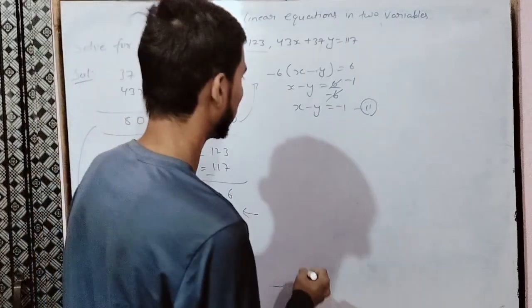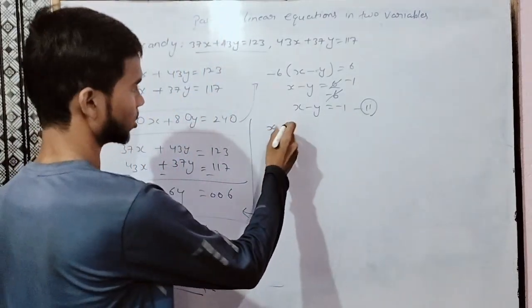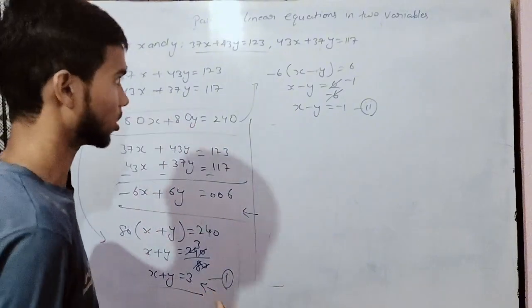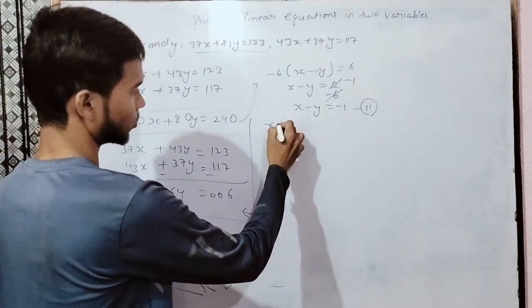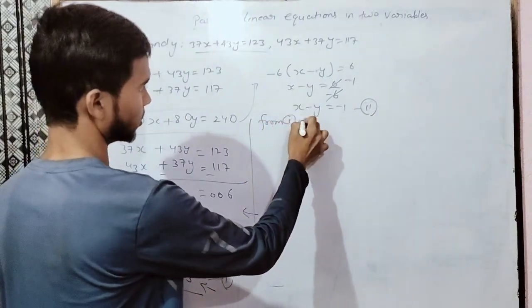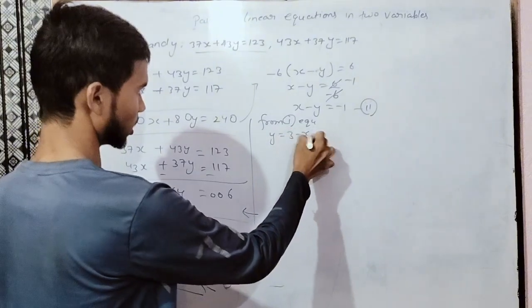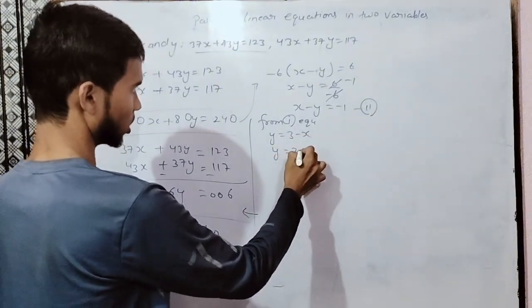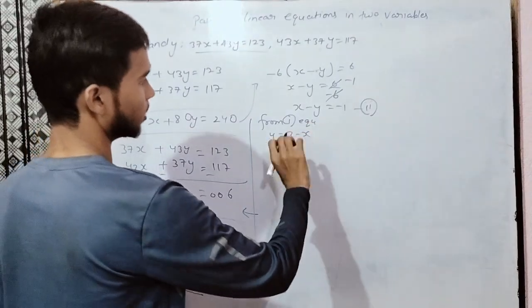So here you will do one thing, you can apply the substitution method. From one equation, y is equal to 3 minus x. We don't know the value of x, so till here it will remain.